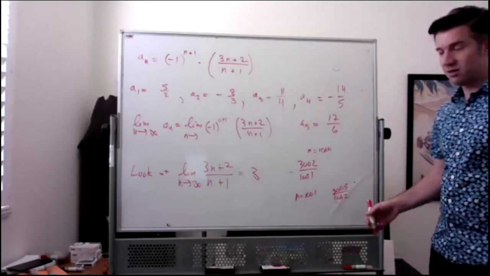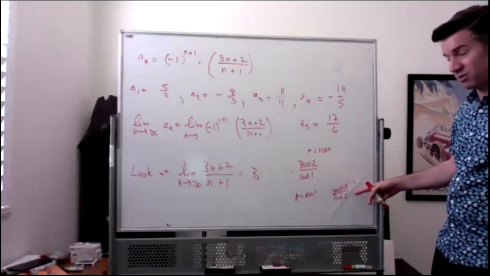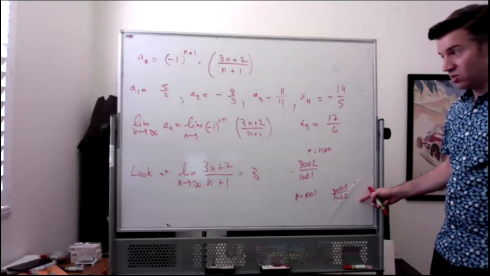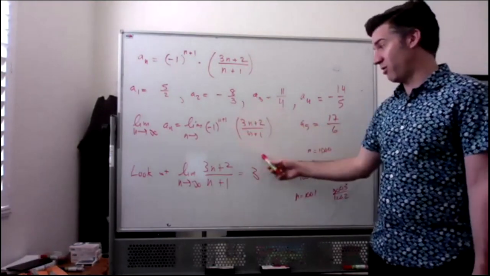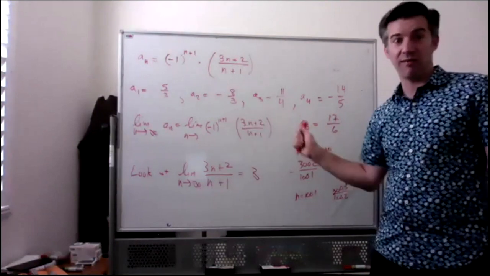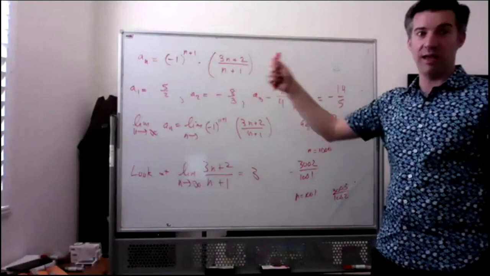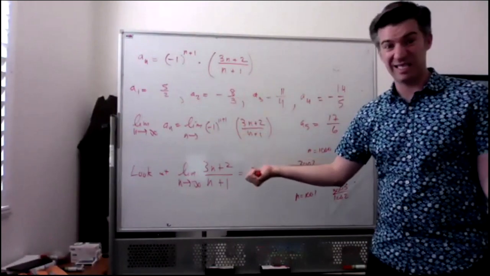The problem is this number is really, really close to -3, and this number is really, really close to +3. So if you have an alternating sequence, and the non-alternating part is getting close to a positive number, that means you're alternating back and forth between being close to 3 and then -3, 3 and then -3, and then 3. So the problem is the limit doesn't exist.